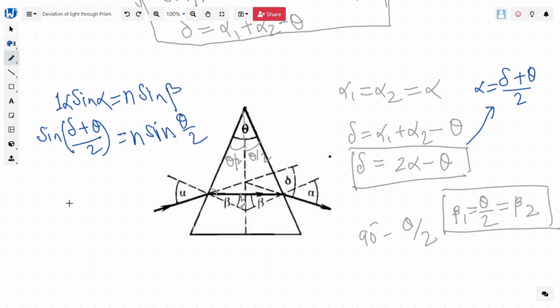So we are interested in delta, which is the deviation here.